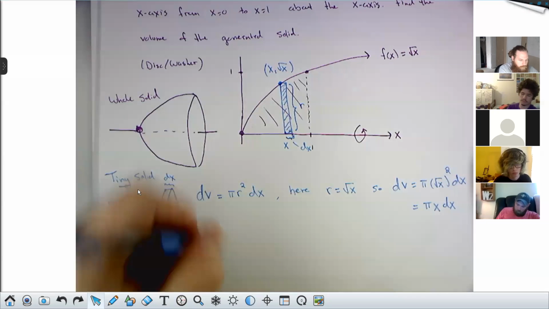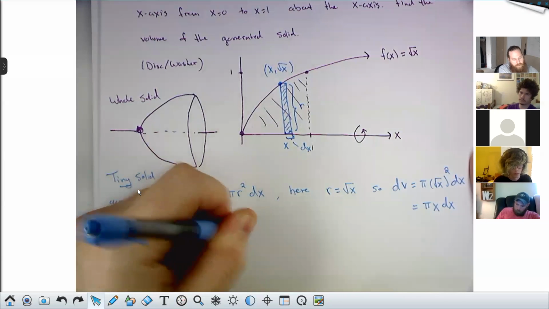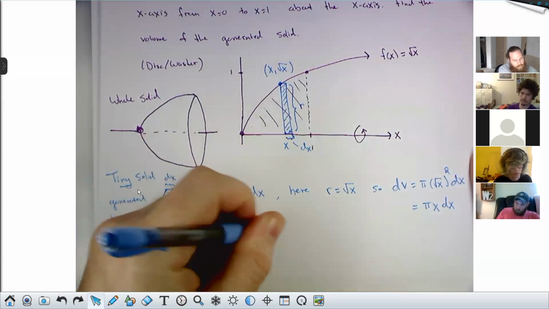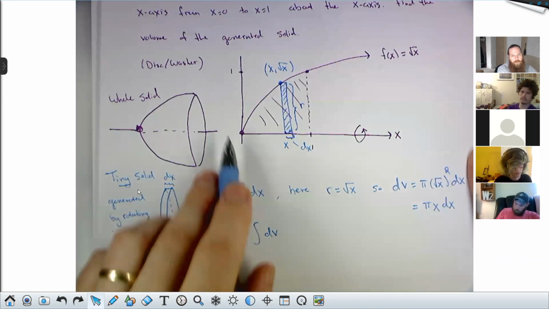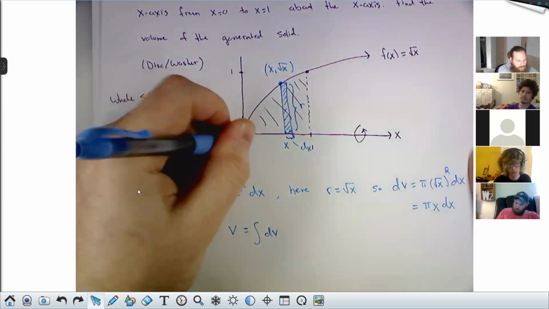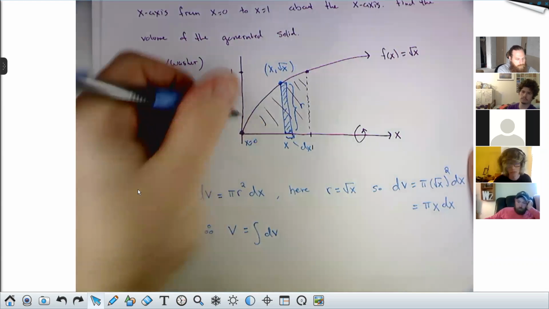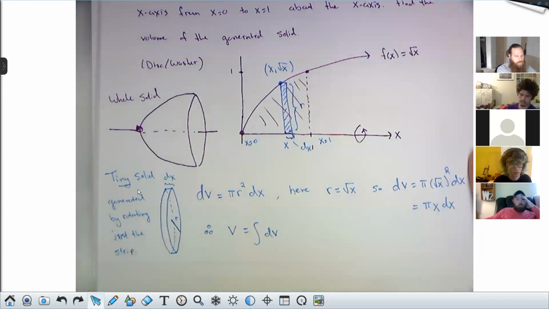And the way we recover V is by integrating dV. Right, this symbolically makes sense. x is the integral of dx, V is the integral of dV. But we need to do the integral from the smallest x value over here in my region, which is x equals 0, up to the largest x value over here in my region, which is x equals 1.